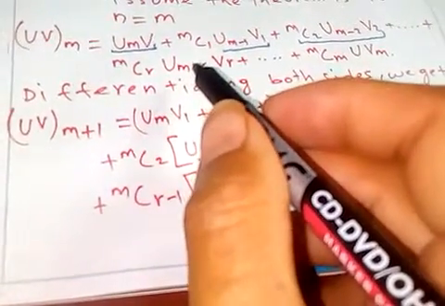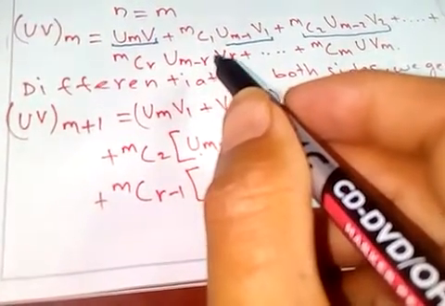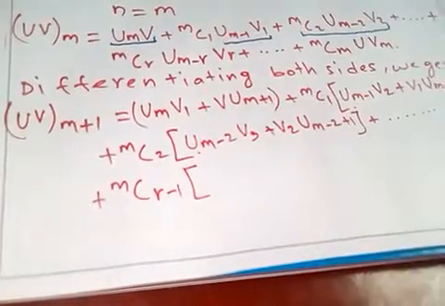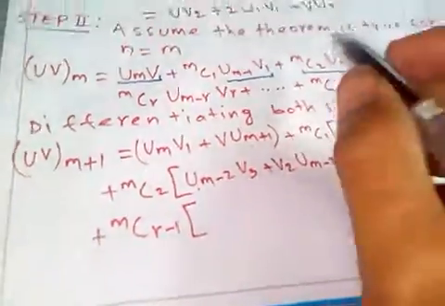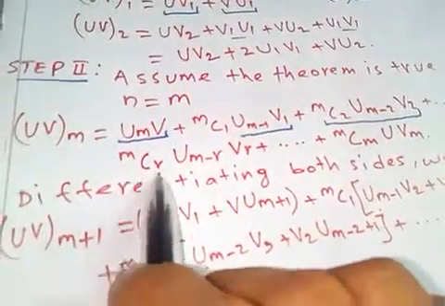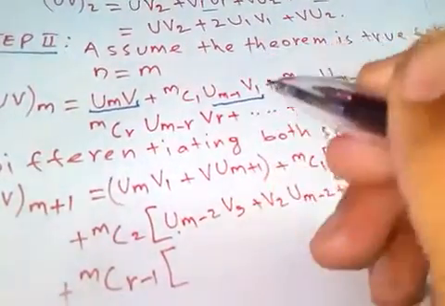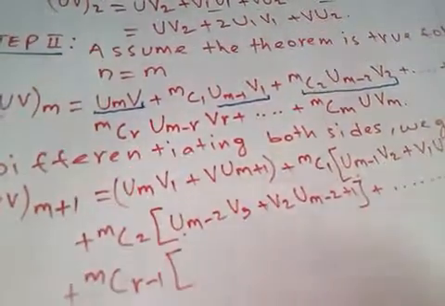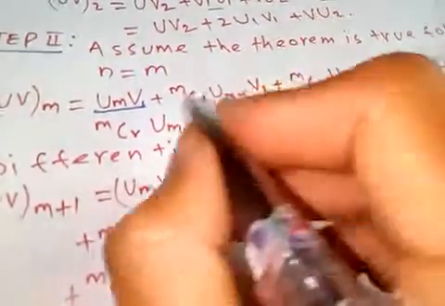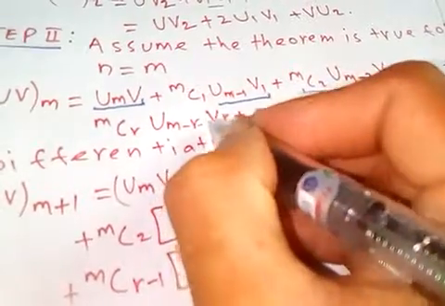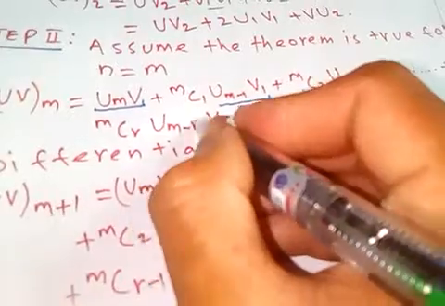In here, let me elaborate. Before this one it is r minus 1. Here you get u with m minus r, since r is r minus 1, so minus minus is plus, which is m minus r plus 1.